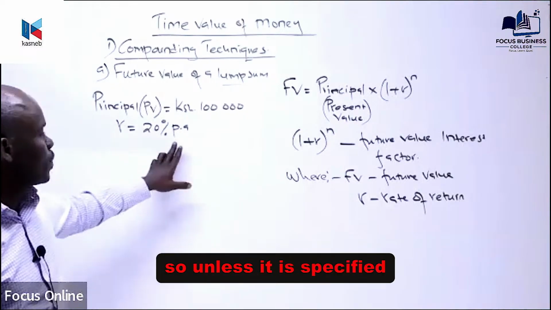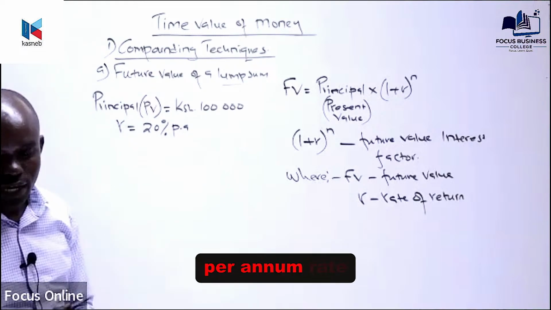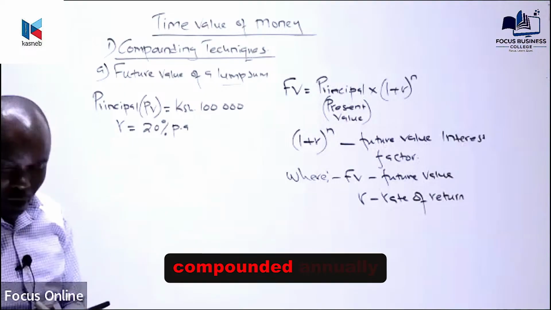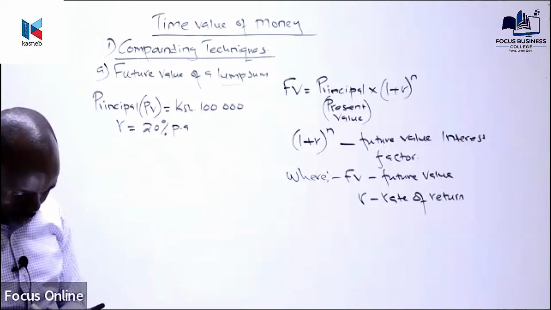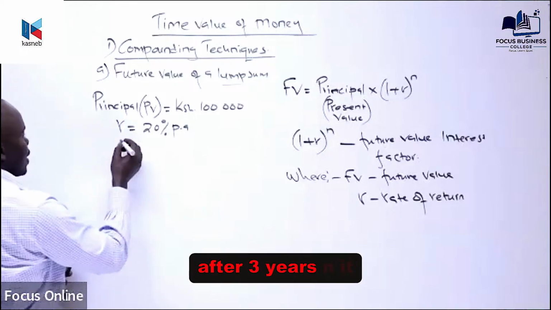Unless it is specified like semi-annually, you should take it as a per annum rate. So 20% per annum, compounded annually. Determine the future value of the investment after 3 years.